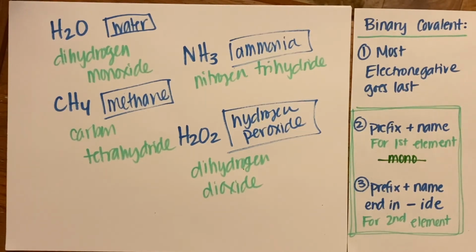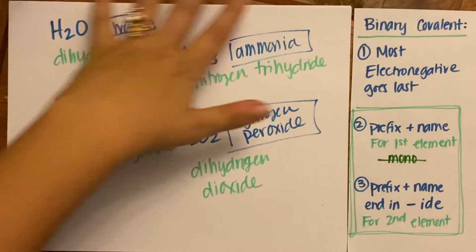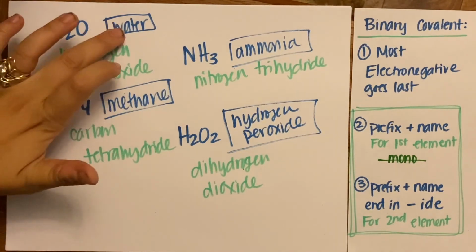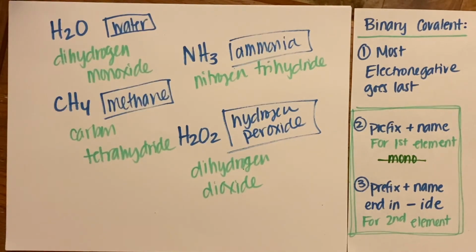So just be aware. There are other ones like this, but these are the four common ones that I can think of that you want to know. They're more used names than, we're never going to say this is dihydrogen monoxide, right?